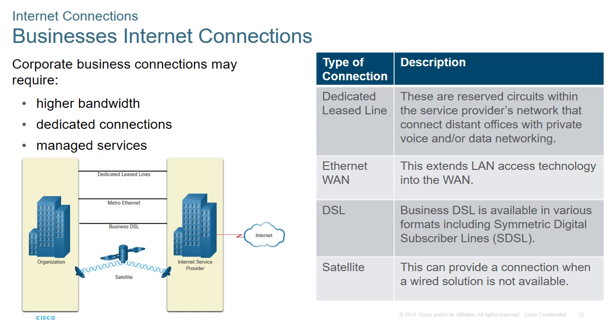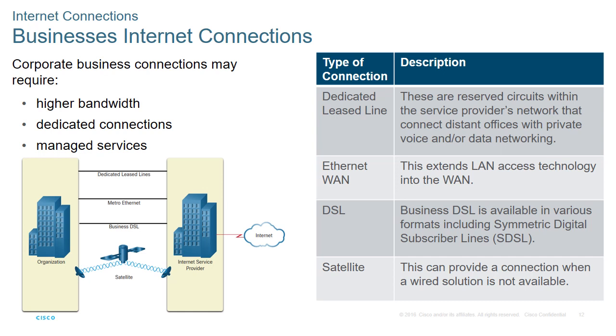Satellite. I already said that this satellite connection can provide a connection when the wired solution is not available. Say for example, if your organization is in Jabal Akhdar or somewhere in the desert, near the desert, if you don't have a wired internet connection, in that situation you can opt for this connection.